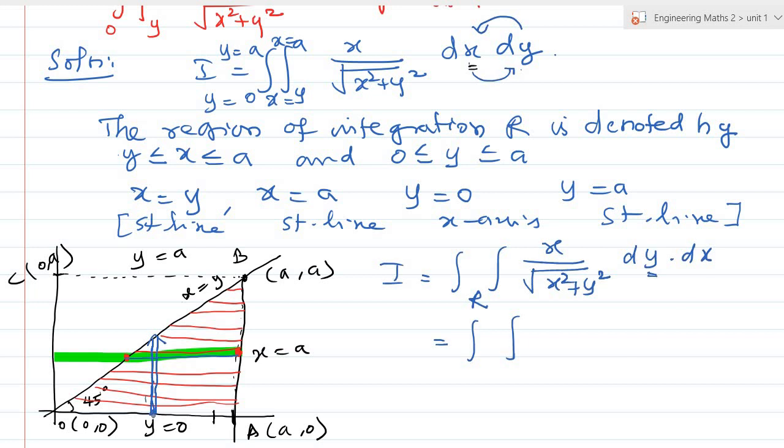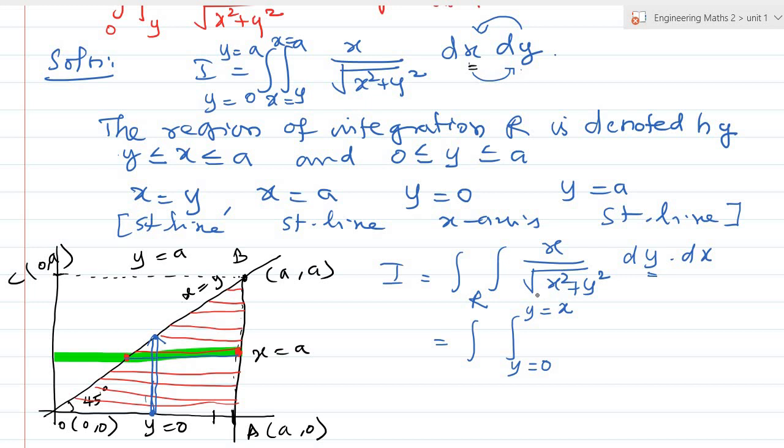You can see that in the same region, first you have to write y equal to the starting point and y equal to the ending point. What is the starting point? Y equal to 0 is the starting point, and in the region y equal to x is the ending point.